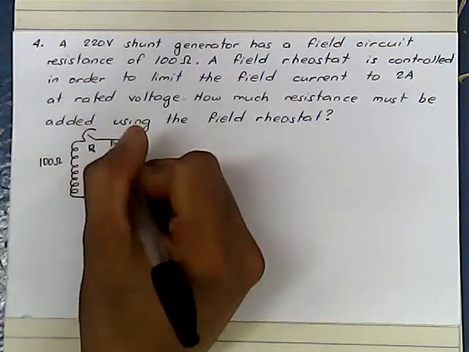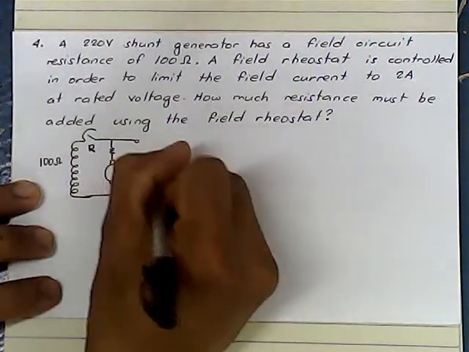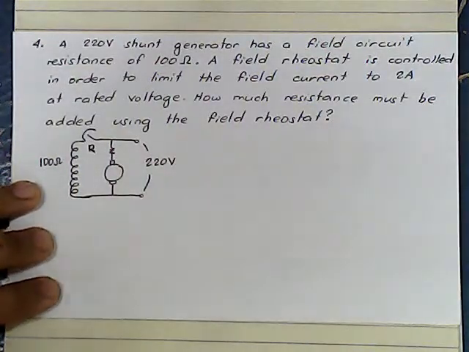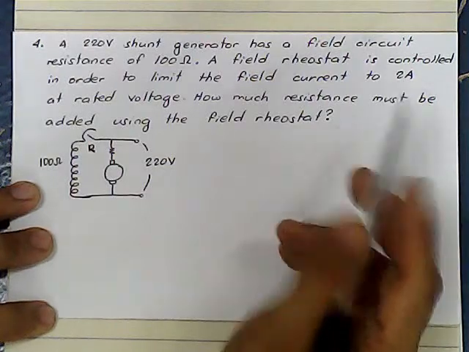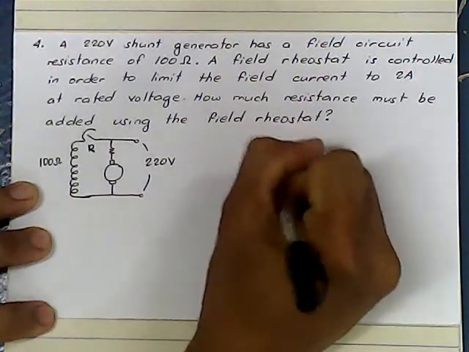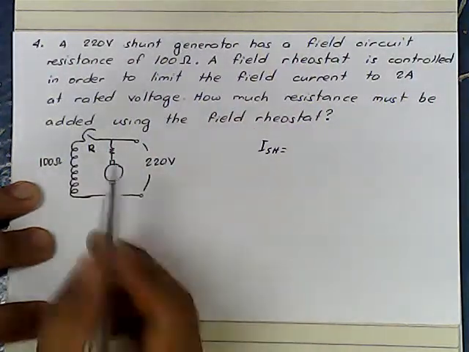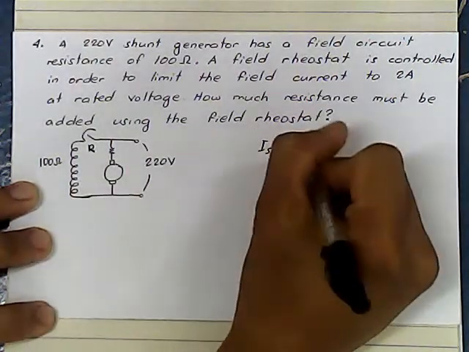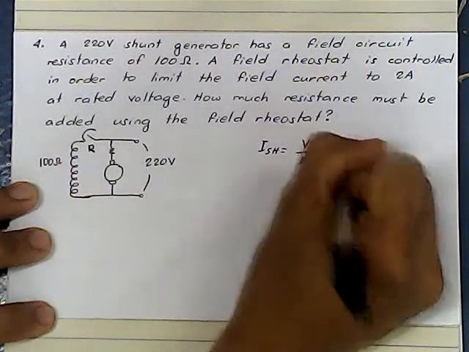Then, the terminal voltage is 220 volts. Again, titignan natin, kasi ililimit ulit natin siya into 2 amperes. Ngayon, kasi kung titignan natin yung ISH natin during the condition na wala tayong field rheostat, yung value niya, will give us VSH all over RSH.